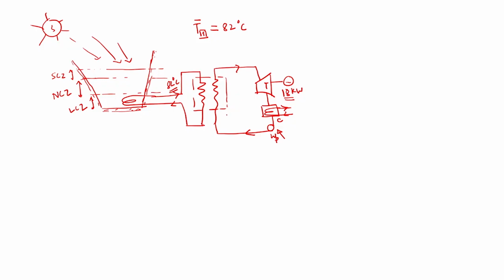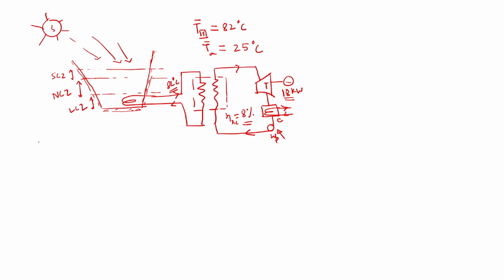So, this efficiency, Rankine cycle efficiency, so I will write RC, which is given as 8%. Okay. And ambient temperature, which is average of the year, it is 25 degree C, right.